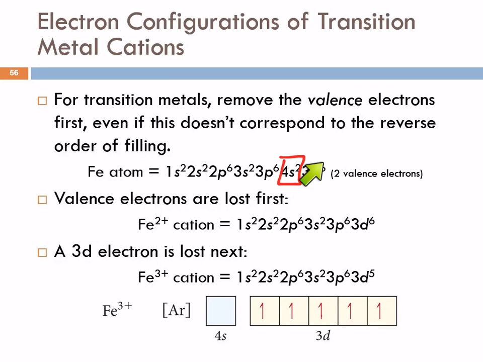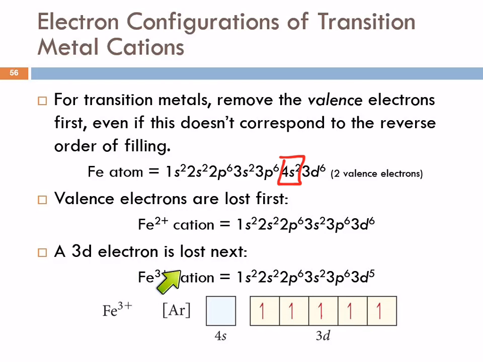The 3d electrons were added after. Those orbitals fill after the 4s, but they do not get removed first. The valence electrons are removed first, and then you start going into the core electrons. So the Fe2+ ion, we've lost these guys.